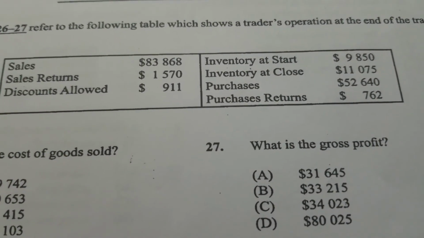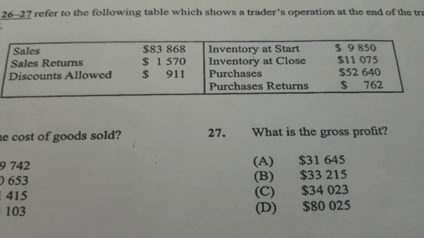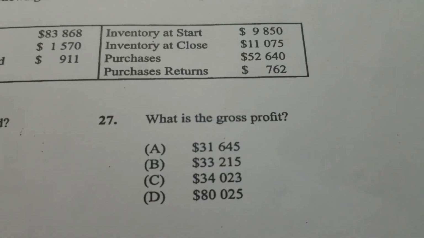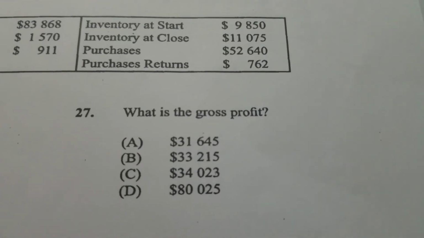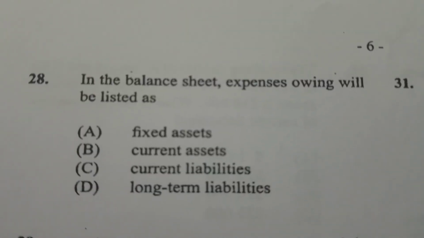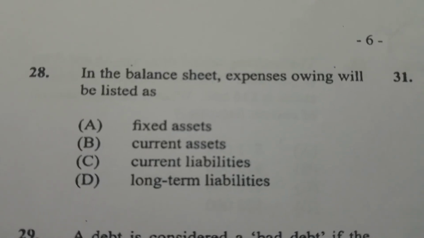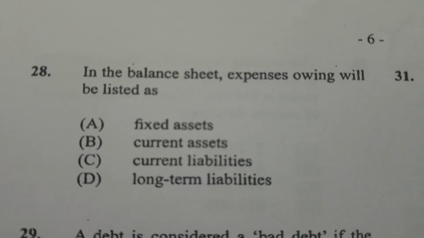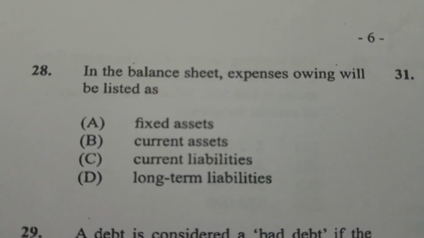When we do that, we subtract the cost of goods sold we just worked out a while ago, and our answer then for question 27 will be A, 31,645.